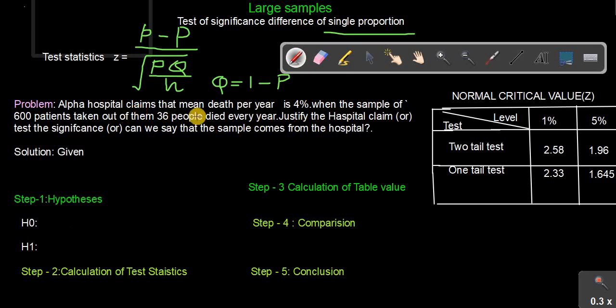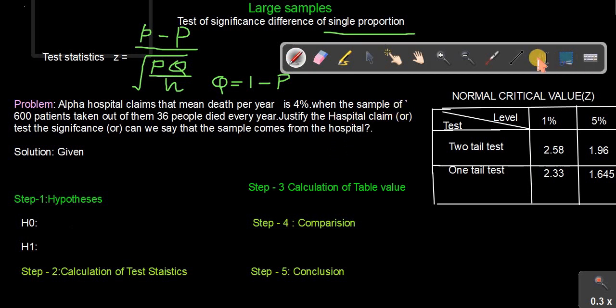I mean, the claim is that for every 100 people only 4 people are dying in our hospital. That is the claim, and we have to justify the hospital claim, or test the significance of the proportion of the hospital, or otherwise they can ask whether we can say that that particular sample comes from that Alpha Hospital. These are the things you have to understand.